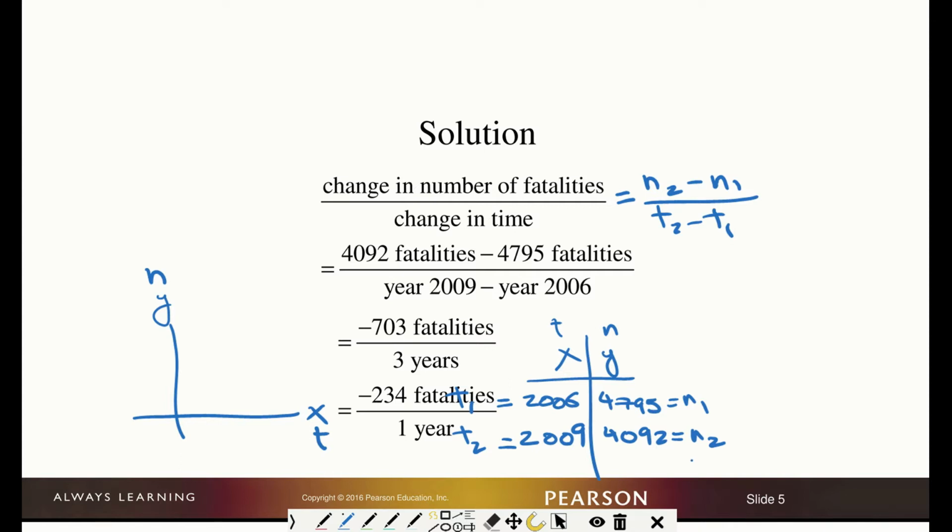So n2 here is 4092 minus n1. Remember, it's always the final result minus the initial result. So minus 4795 for n1, and t2 was the last year we were looking at, 2009, and the first year we were looking at for this study was 2006. So that's where this data comes from.